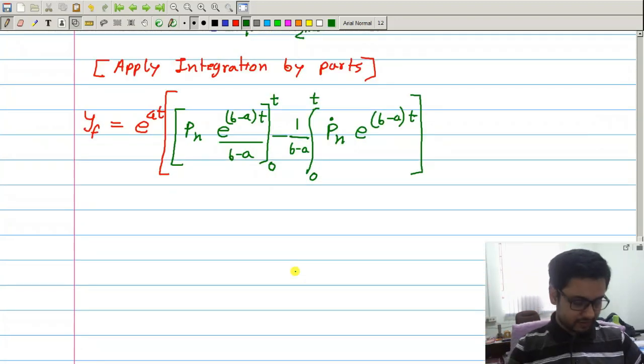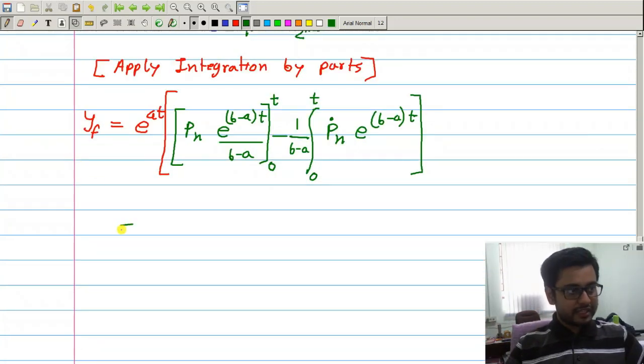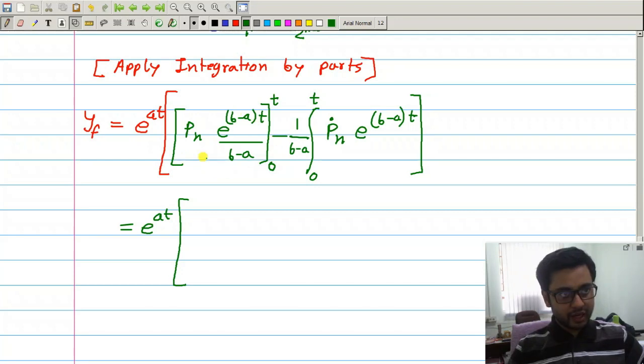Next, we can write this as e to the power at, and then this first term will become a polynomial of degree n, not necessarily the same polynomial, call it p prime, multiplied by e to the power (b minus a)t, and this factor is absorbed inside this polynomial.